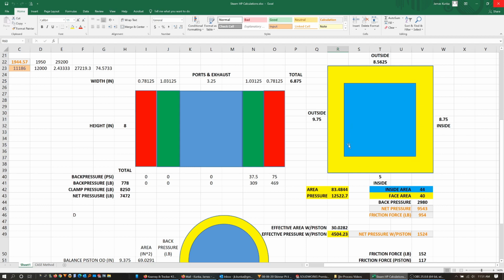So this area in the center in blue, which is 44 square inches, is at 0 pressure essentially, because it's open to the exhaust at all times. And then the outside of the slide valve has 150 psi surrounding it. So the thing that you have to consider is what happens across this face.